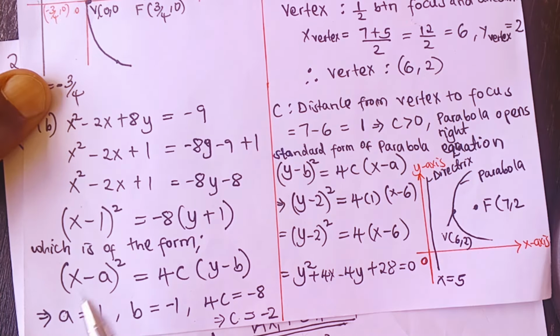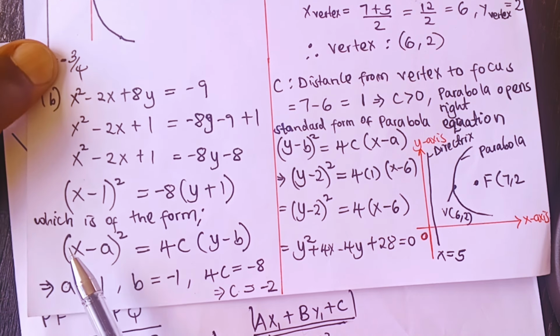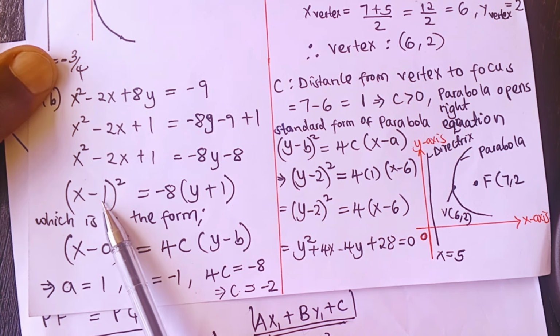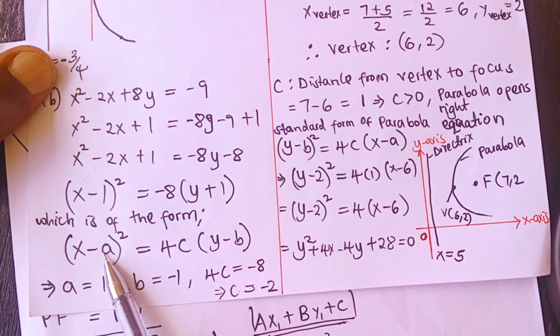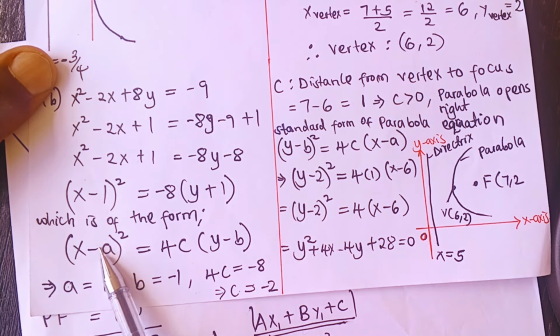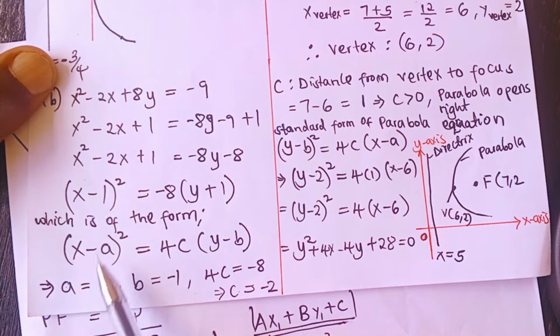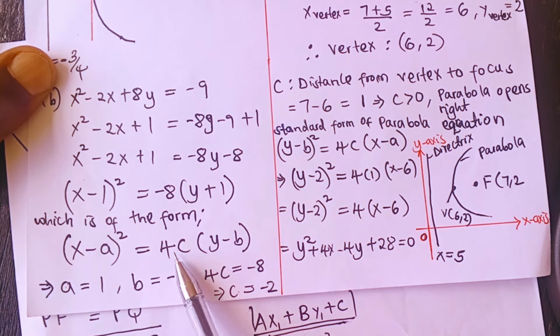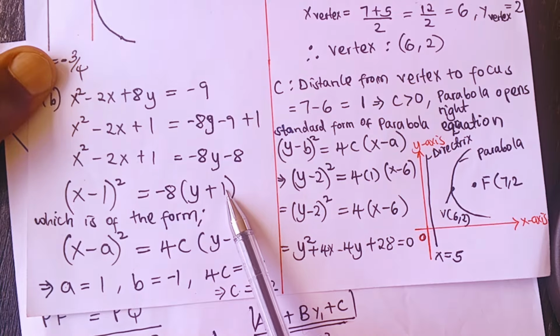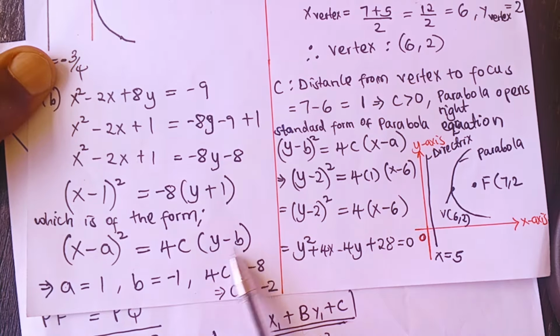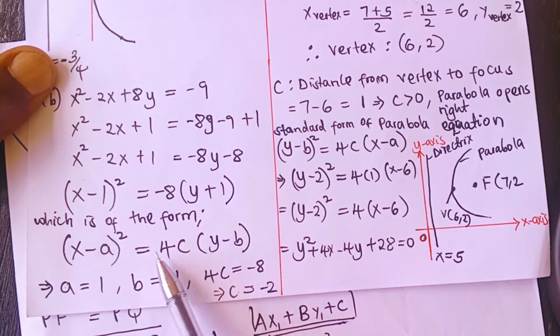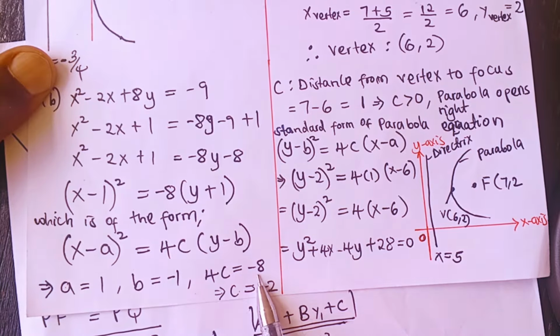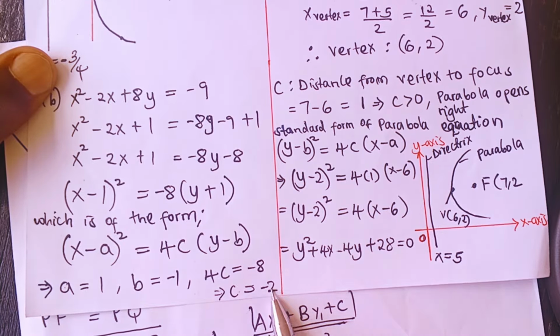If you compare this equation and this equation, a will be 1, since the sign changes, and b will be negative 1, since the sign changes. And 4c is negative 8, so 4c is equal to negative 8, meaning c is negative 2.